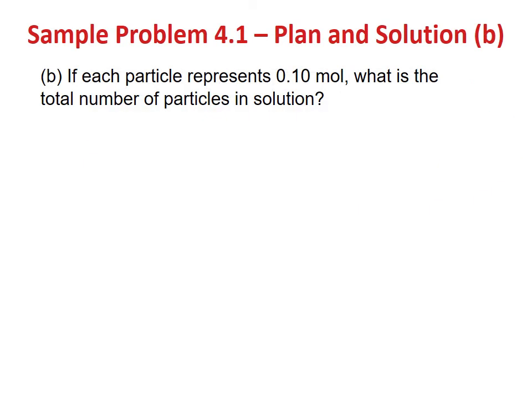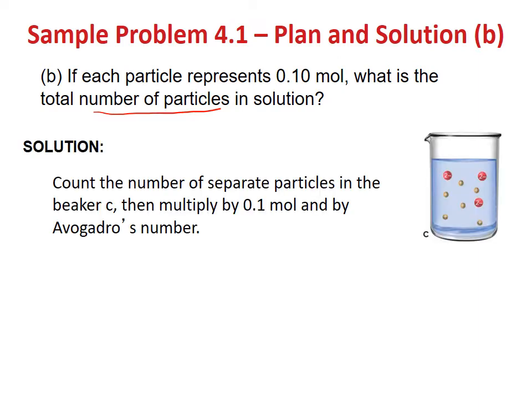In question B, if each particle represents 0.1 mole, what is the total number of particles? Note that it's particles, not moles. So you need to multiply by Avogadro's number to get the particles. Since beaker C is the correct one, we look at beaker C, count the number of separated particles, and multiply by 0.1, because each particle represents 0.1 mole.